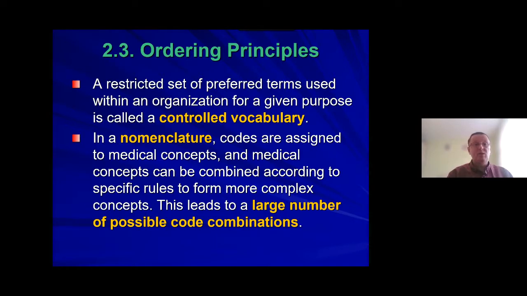We can replace our text statement, like a label, not a description but the title of a diagnosis or symptom, with the corresponding code. But since in a nomenclature we are almost free to create combinations, the outcome is a large number of possible code combinations.